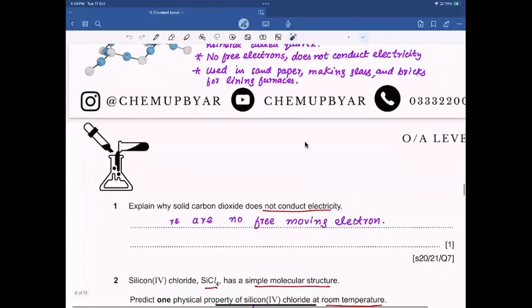Now, they have mentioned over here that silicon 4 chloride has a simple molecular structure. Predict one physical property of silicon chloride at room temperature. Yes, if it's a simple molecular structure, can you tell any one physical property? Check the physical properties of simple molecular substances.